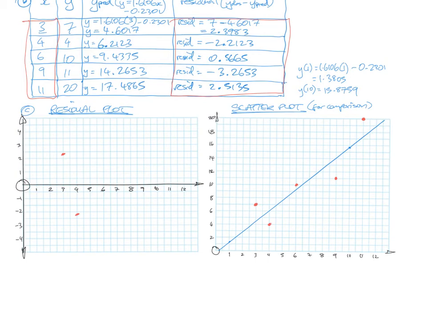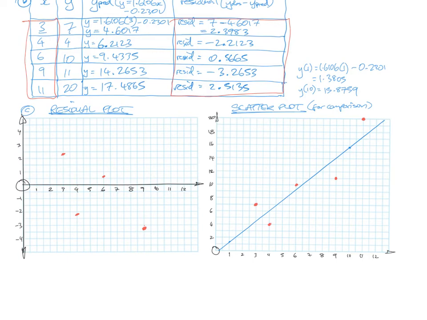When x was 6, the residual was 0.5665, somewhere there, just a bit over 0.5. When x was 9, the residual was negative 3.2653, somewhere here.